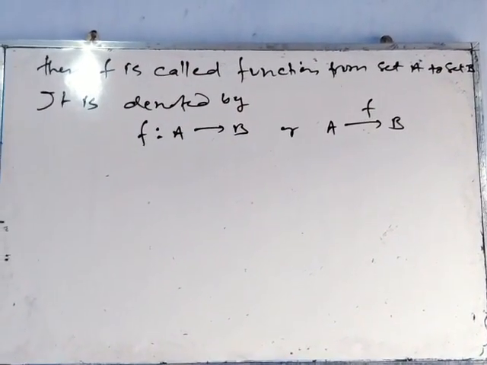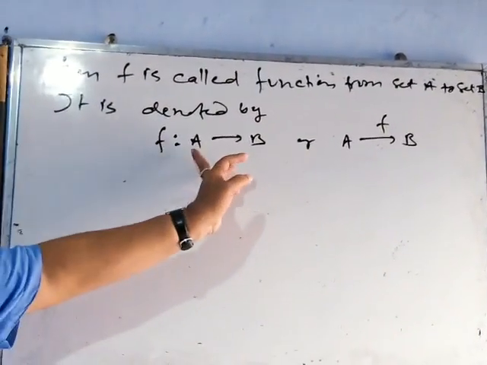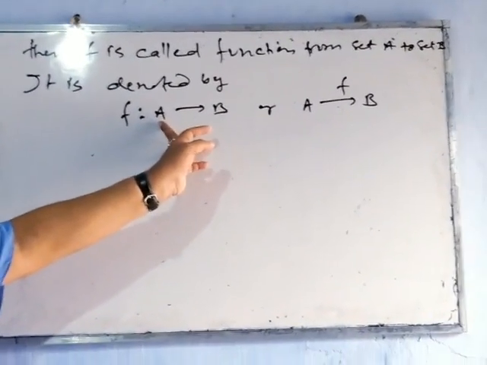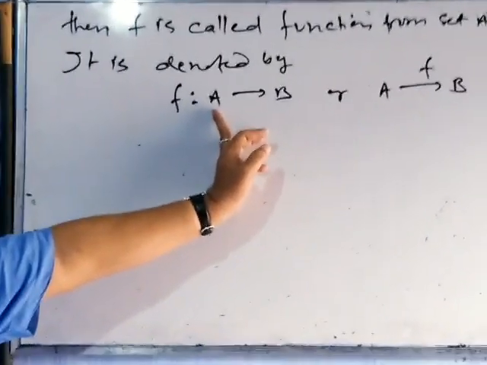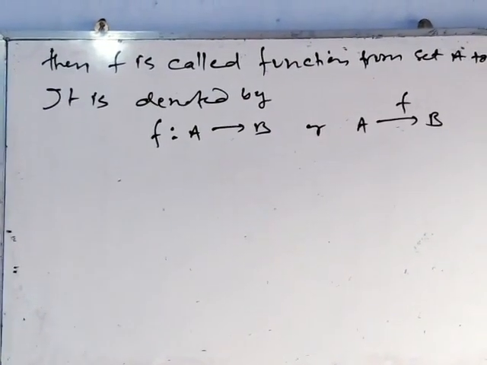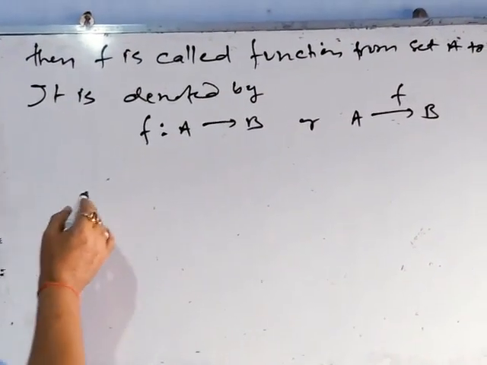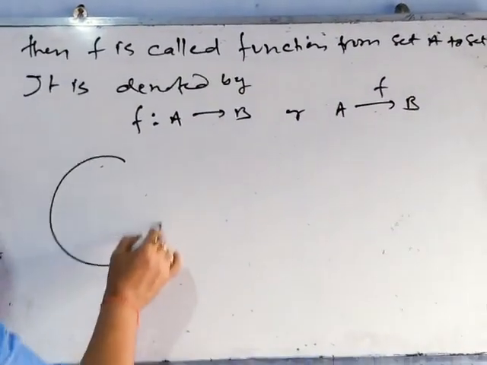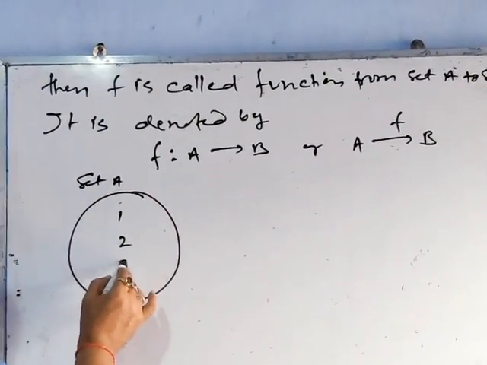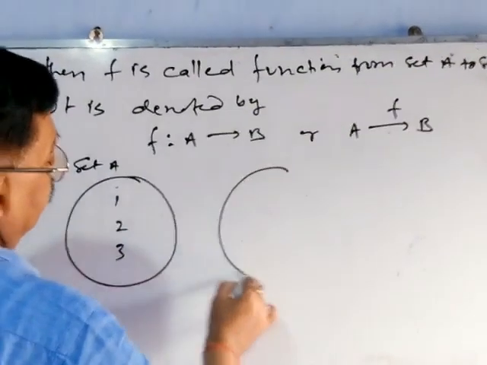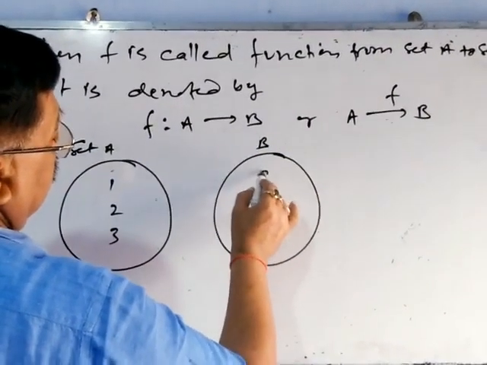Here each element of set A should be associated with an element of B. No element of A should be left. So I am going to discuss by diagram. Suppose it is set A and the elements are 1, 2, 3. Here is set B, with elements a, b, c.